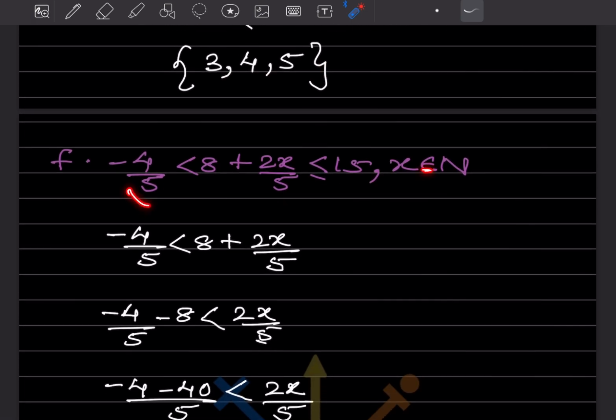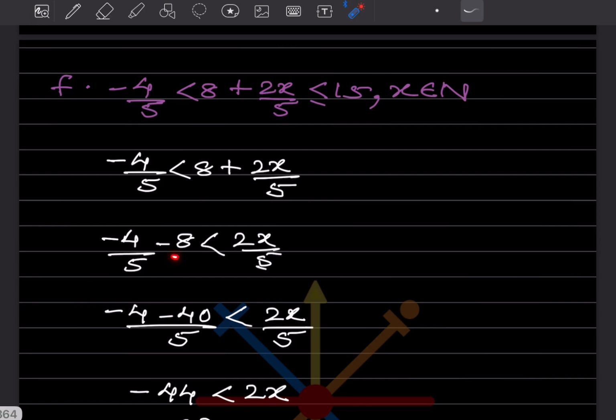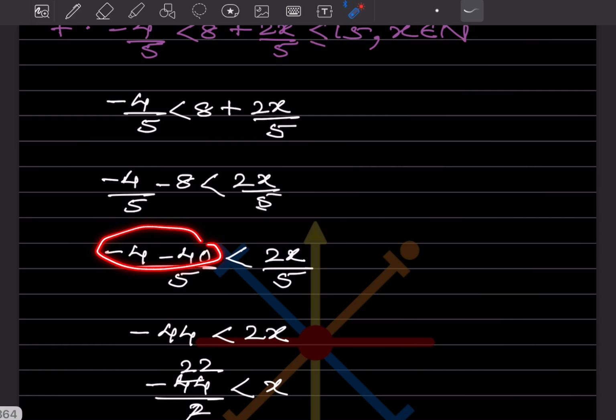Now for this one, we are going to take the first part, which is written here. So this will go on this side, that is going to be minus 8. This stays the same. Now you can take the LCM of this one. So this will be 5. So that will be minus 4 minus 40 by 5. And this is 2x by 5 as it is. So this is going to be minus 44 by 5.